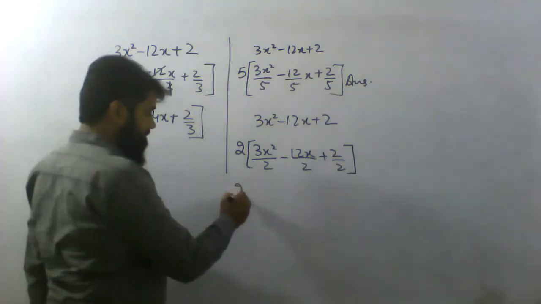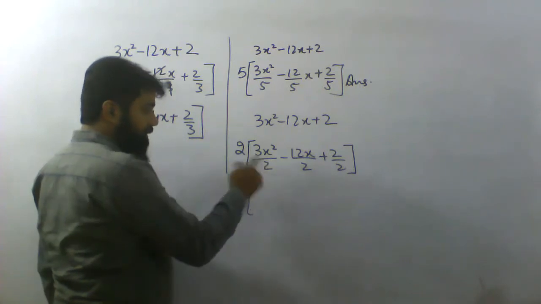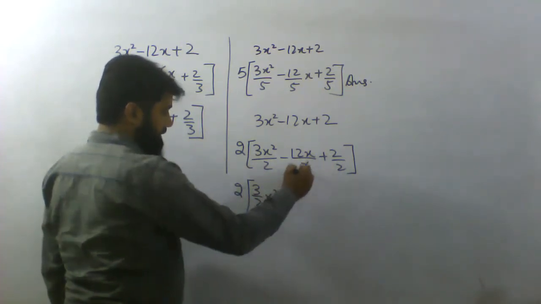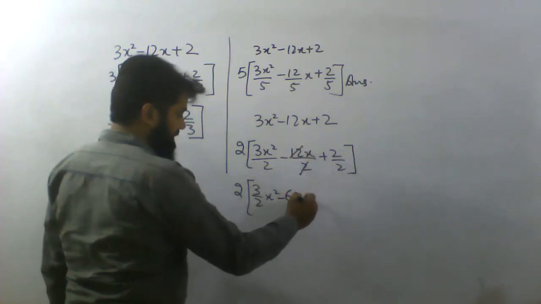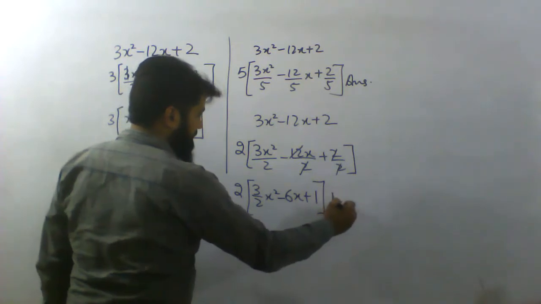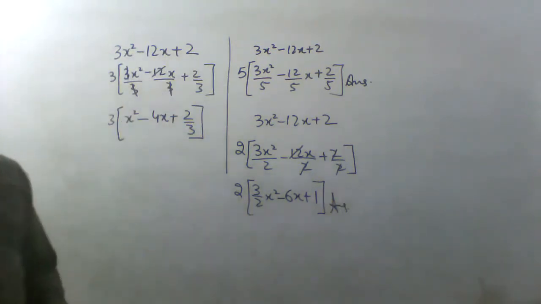Simplifying it, 3 upon 2 can't be cancelled, so I'm just keeping it in this way. Minus 6x plus 1.